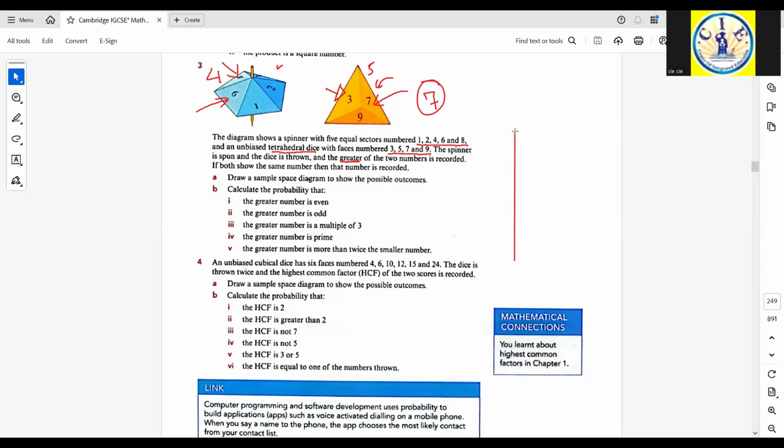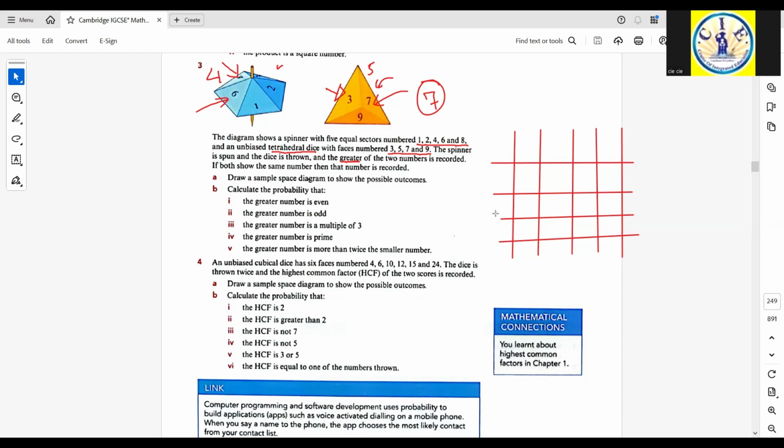This is for the spinner: 1, 2, 4, 6, then 8. And then for the tetrahedral dice, I need to have, let's suppose, 3, then 5, then 7, and then 9.